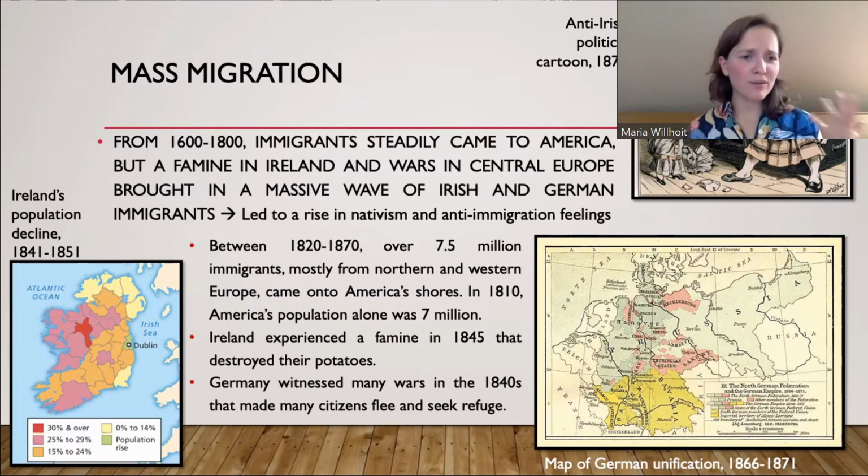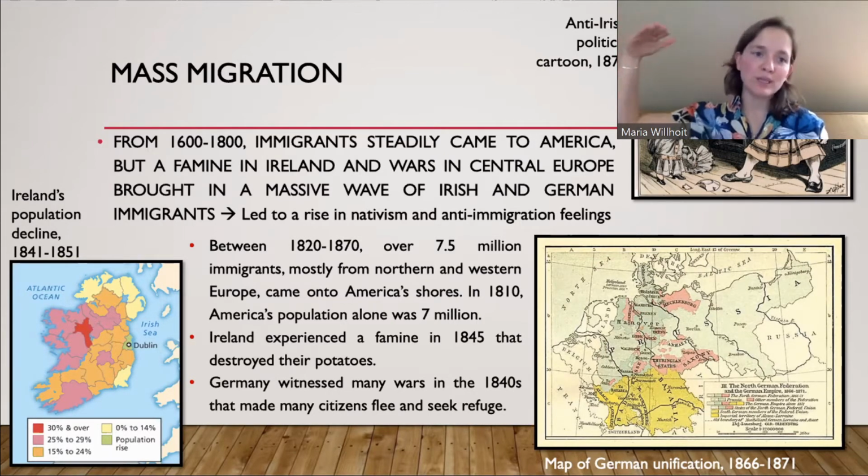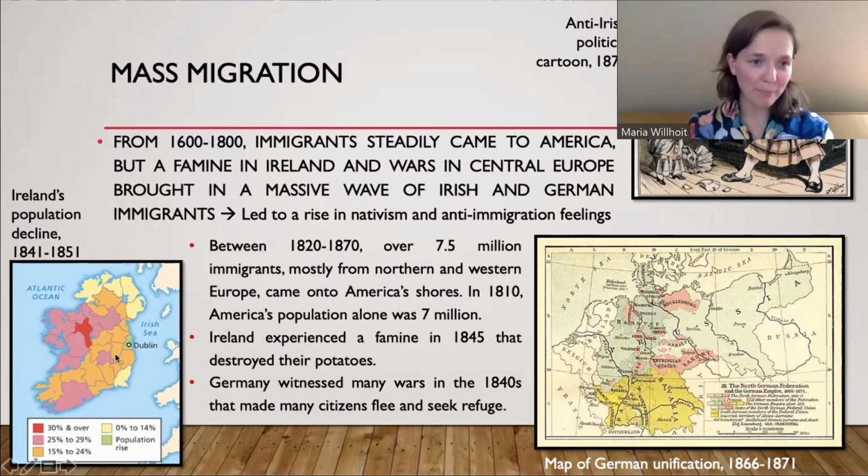And for those who may or may not know, Ireland has a big problem in the middle of the 1800s. They have a huge potato famine. A lot of Irish, especially poor Irish, relied on the potato, and they had a huge famine of potatoes. I think the potato had a disease. They couldn't eat it, and the population just absolutely declines. This is a map of their population.